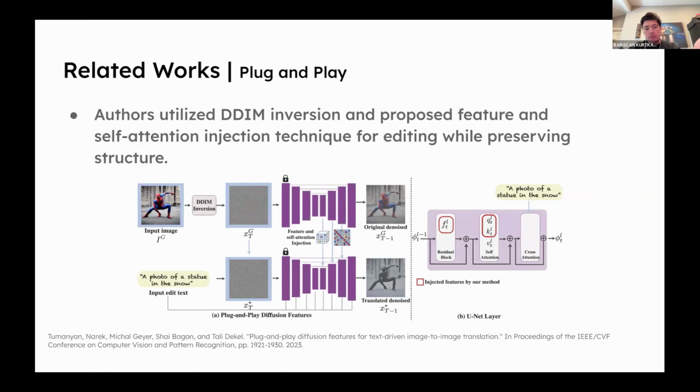And there's a Spider-Man image on the top left, which is our input image. So we want to edit it to correspond to our prompt. They basically do a DDIM inversion and then use feature and self-attention injections to edit the whole architecture while preserving the structure.